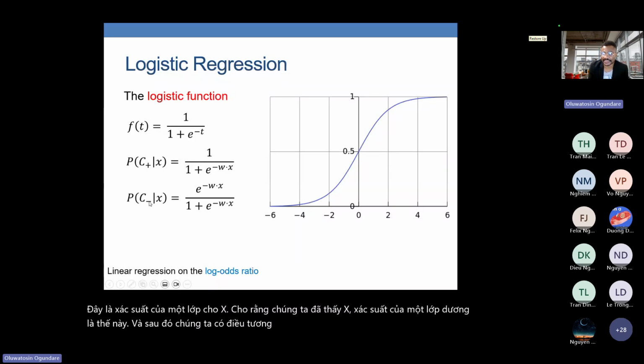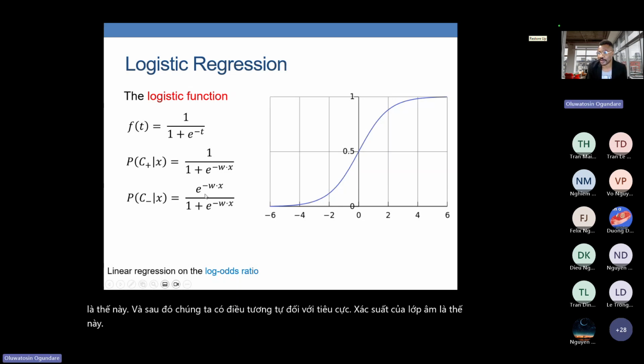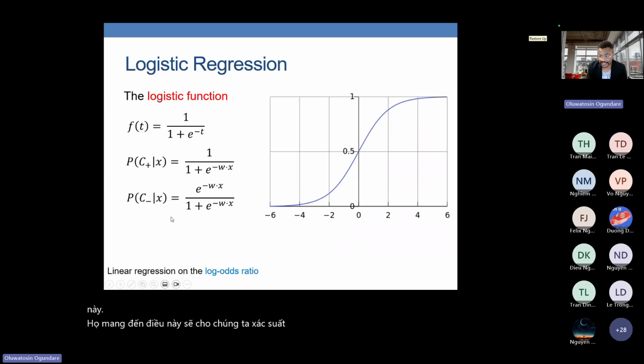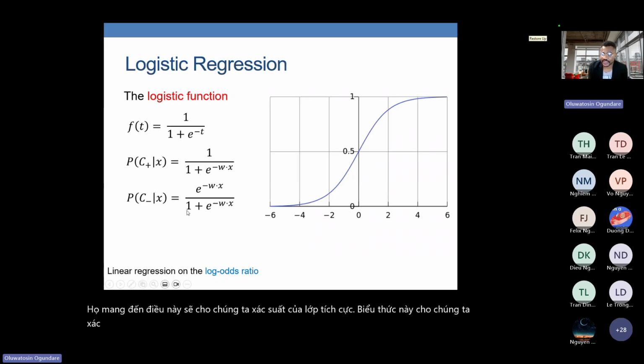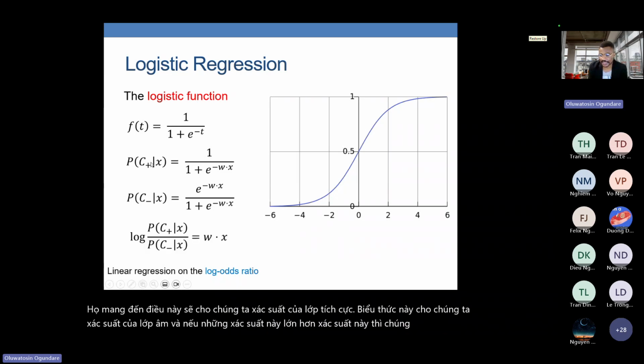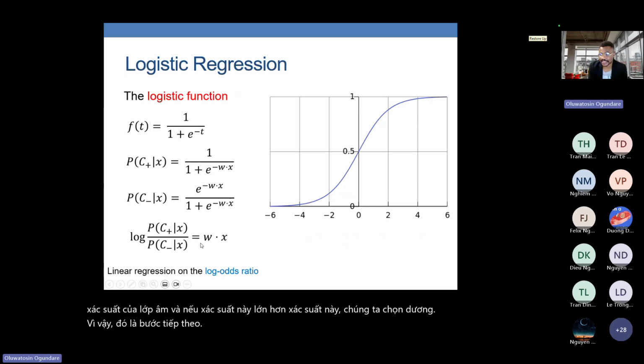The probability of the negative class is this, right? So this one will give us the probability of the positive class. This expression gives us the probability of the negative class. And if this probability is greater than this probability, we choose positive. So that's the next step, right? Forget about this expression. We really don't need it.